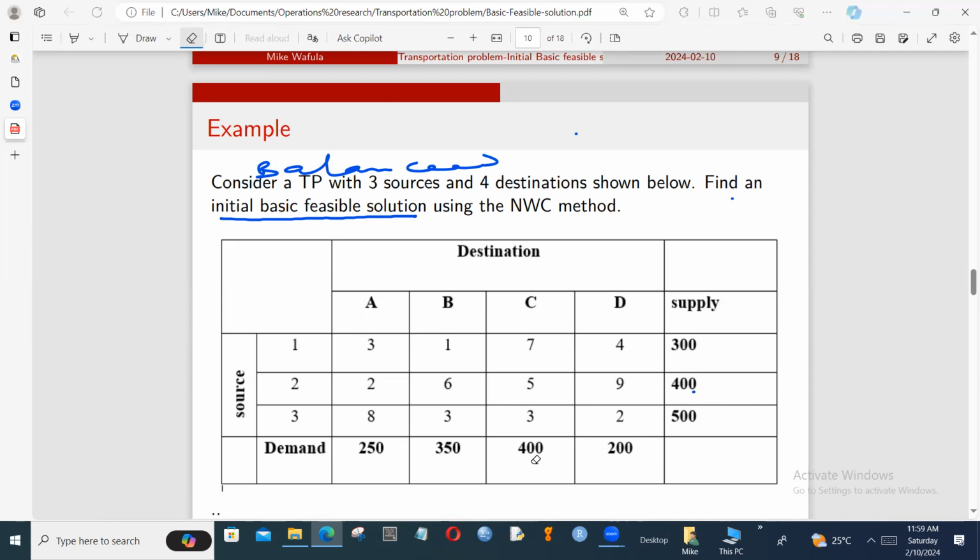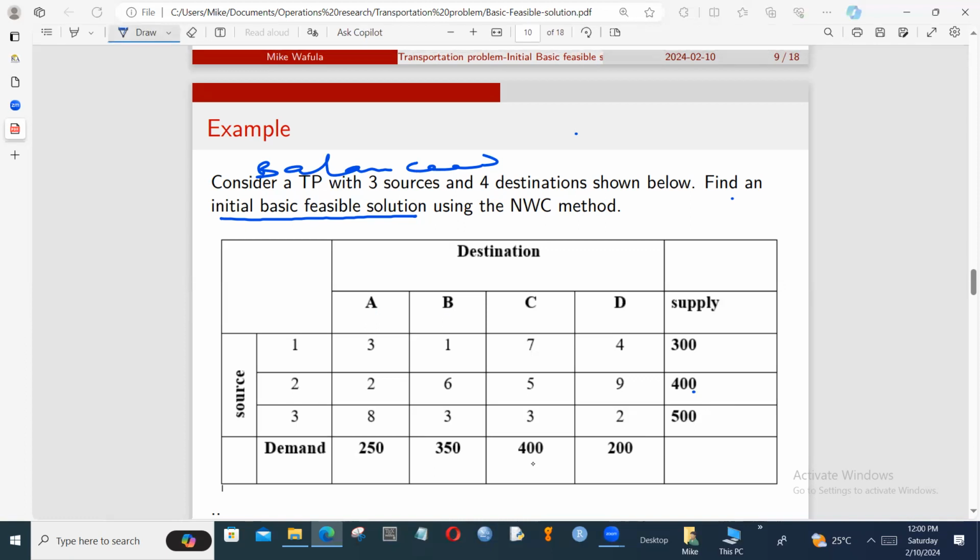The destinations could be towns, and you have these three sources where you can get the commodity you want to supply. Because the destinations are not at the same distance from the various sources, you are given costs. The cost of transporting a single unit from source one to destination A is 3 shillings, and from source one to destination B is 1 shilling.